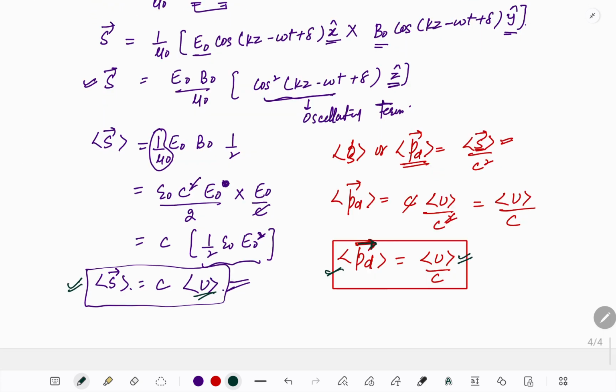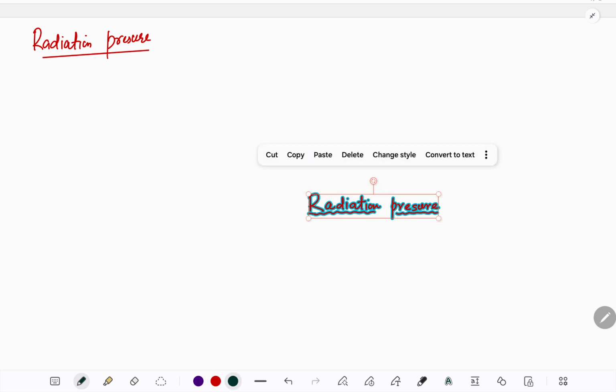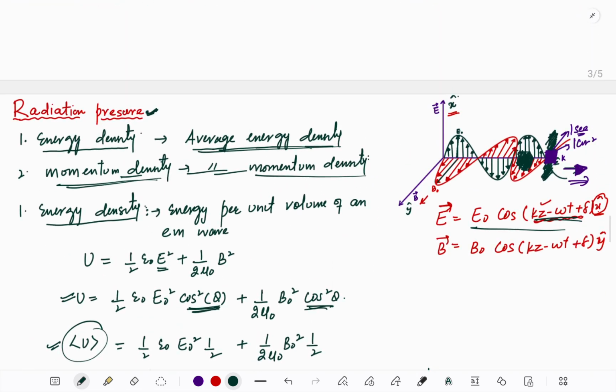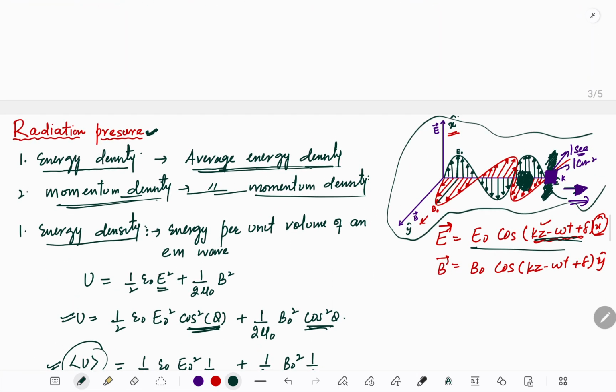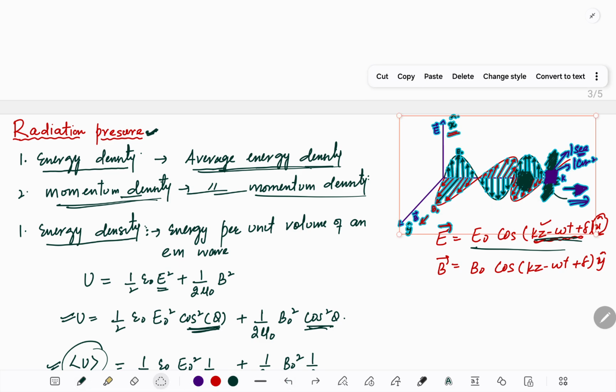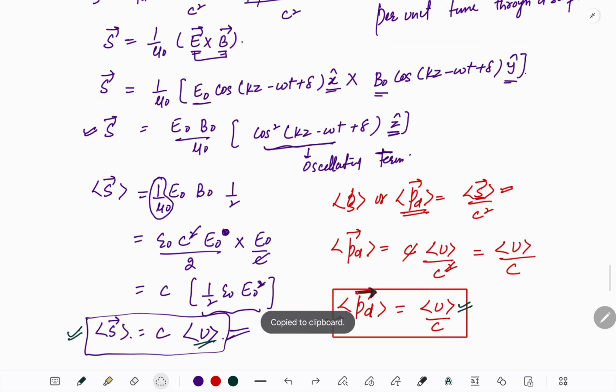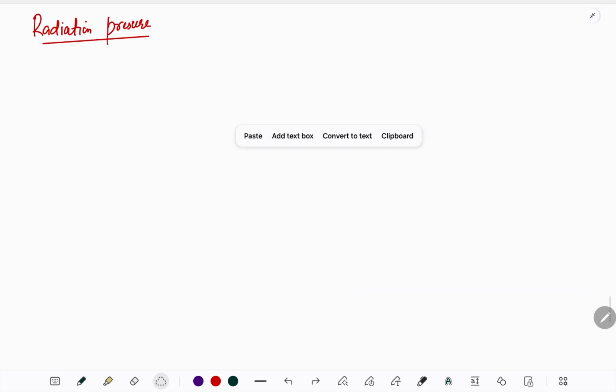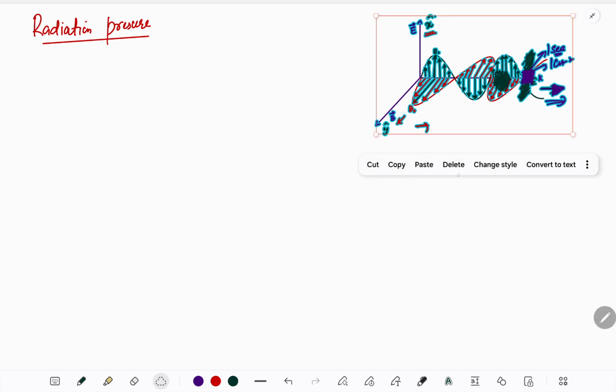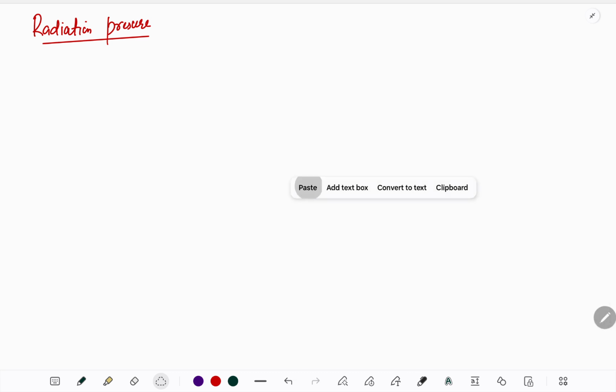So now let's move to our main topic. What is radiation pressure? Basically, when this electromagnetic wave strikes the surface, let me copy it here.